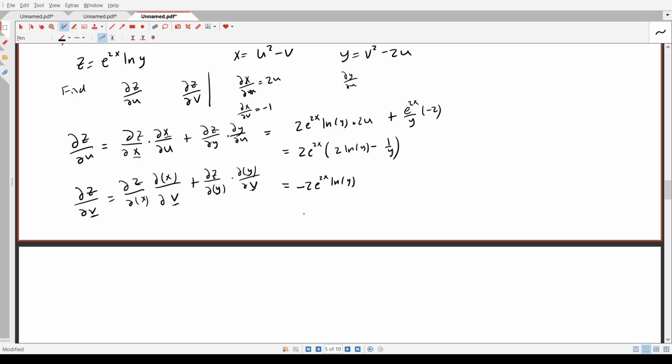So I'll just put that negative right there. Plus dz/dy, that's going to be the same also, so that's e to the 2x over y times dy/dv. That's minus 2. dy/dv is going to be 2v.